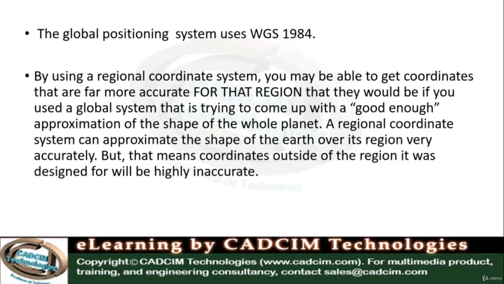So I want to come up with a model of the size and the shape of just the part of the earth that I am mapping, say I am mapping a particular country. And so we may do this to make a sophisticated model for giving accurate latitude and longitude as long as we are within a certain area.